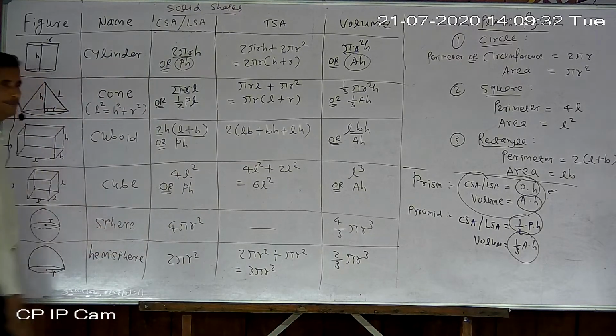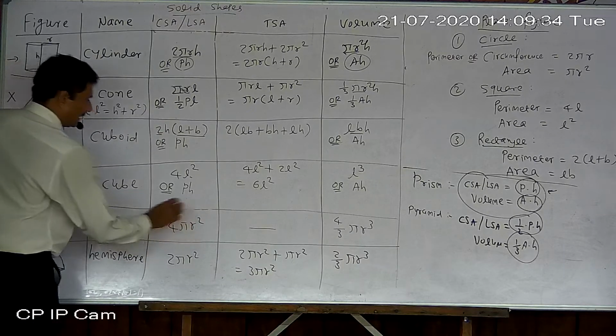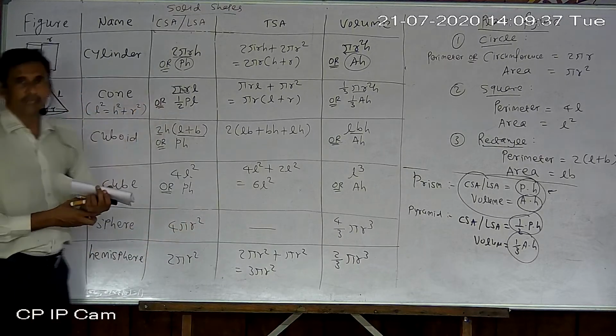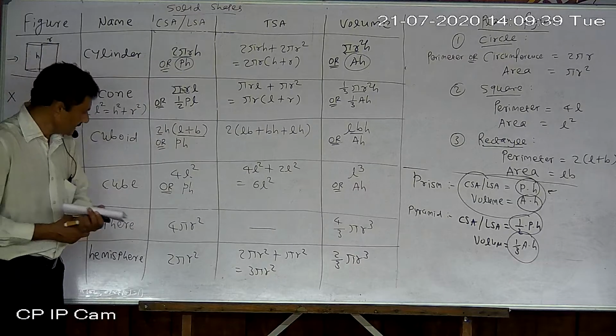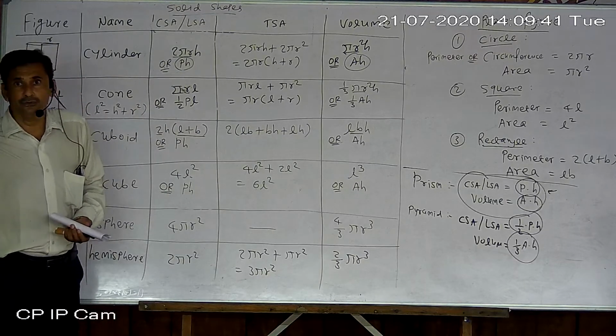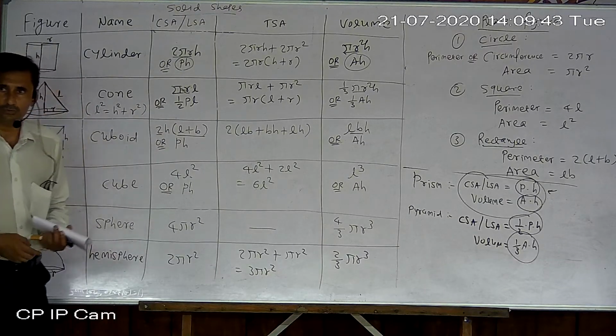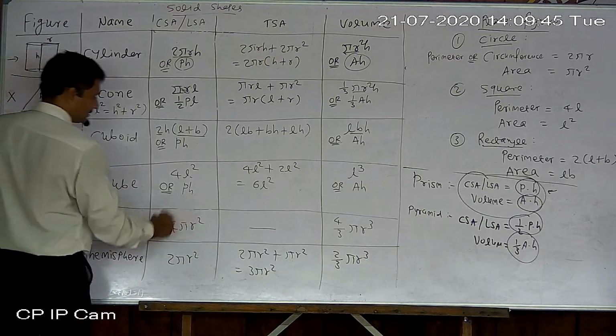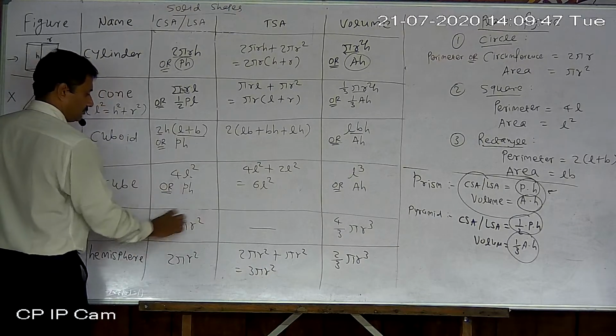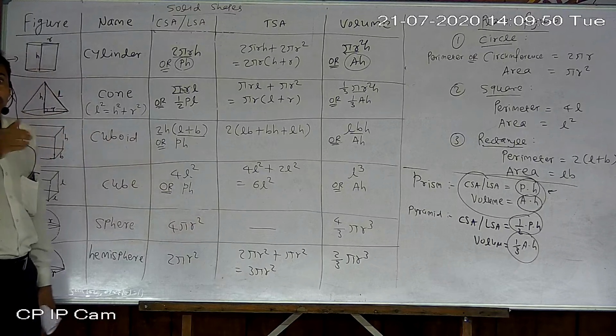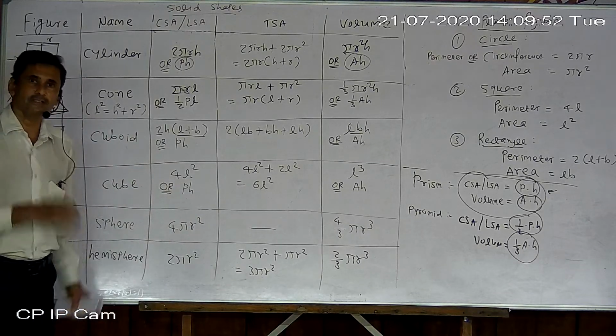Now, the formula here I cannot explain because it requires the concept of integration that you do not know now. So you just remember it. No relation of 4 pi r square to anyone. So that is the first formula.